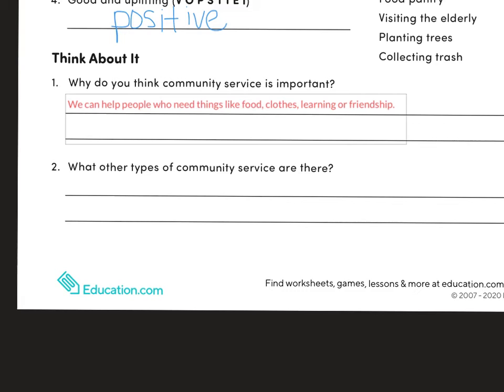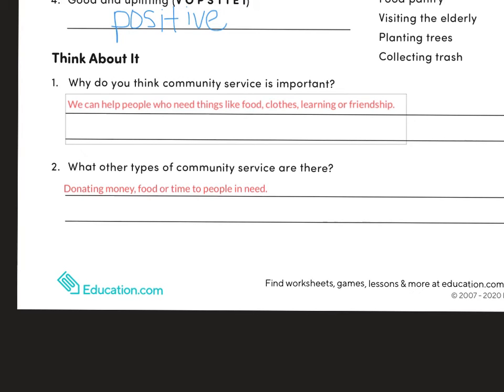What are other types of community service? Some other types of community service would be donating money, food, or time to people in need.